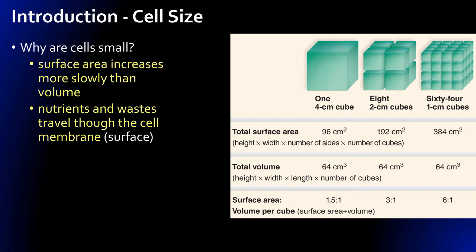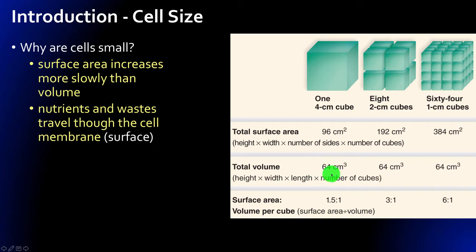And that's the important thing. Each cube is going to have a surface area, which is height times width times the number of sides. And then as we add more cubes, each of which has a height, width, and number of sides, we're going to get more surface area.